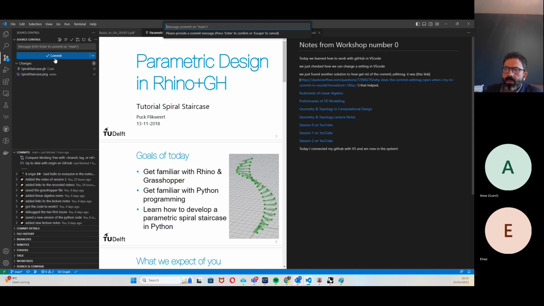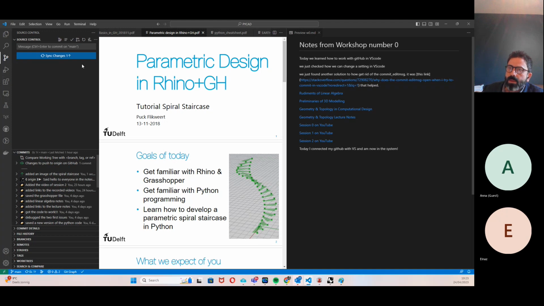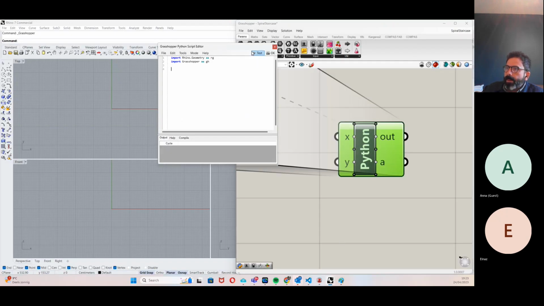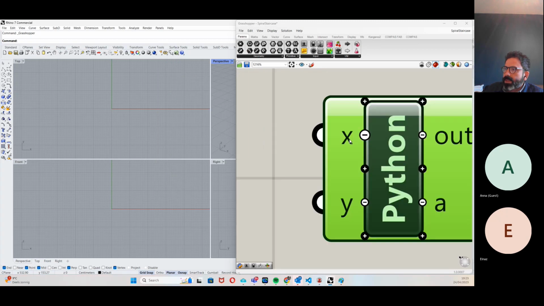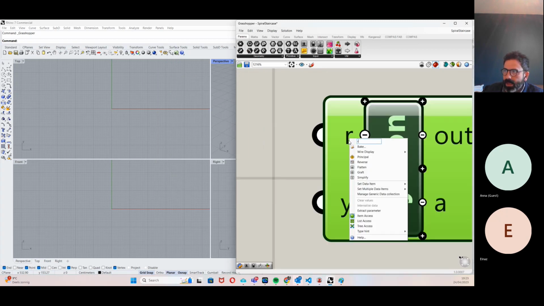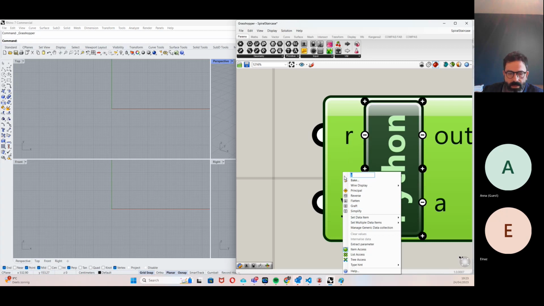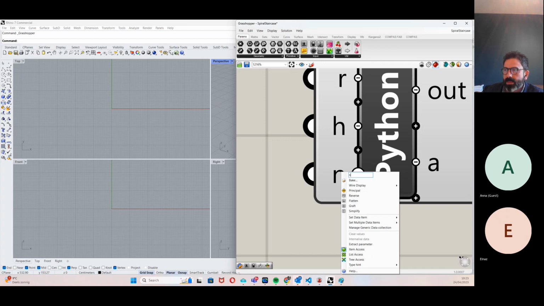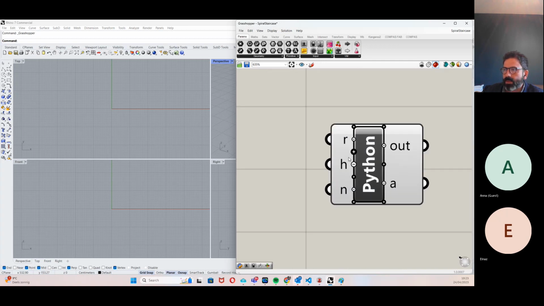And let me add an image. Okay. So, ready? So let's take in a bunch of parameters here: the radius, the height, and the number of steps from one floor to another floor. Is that good?